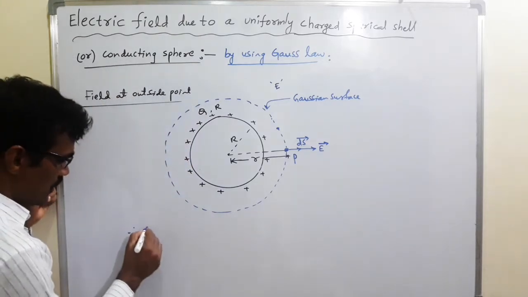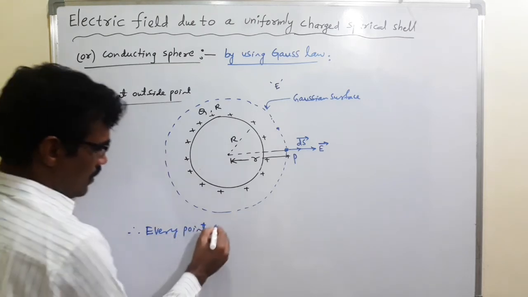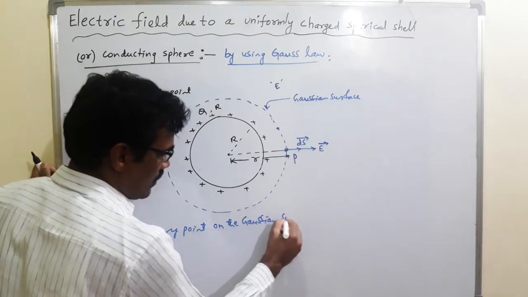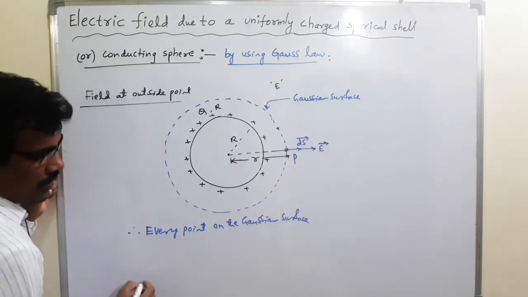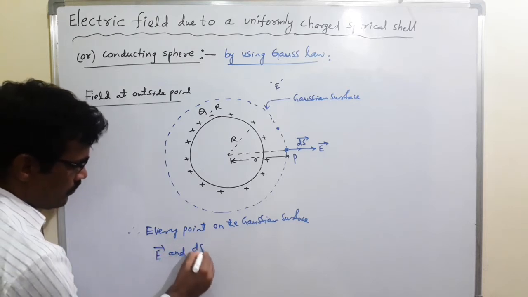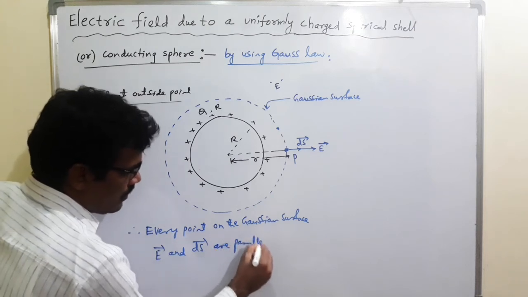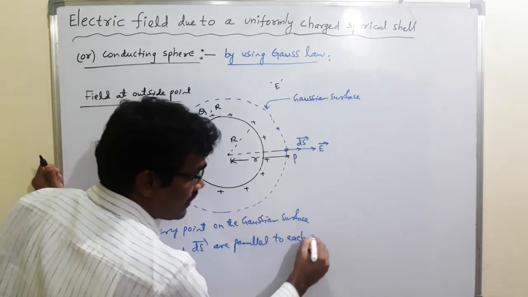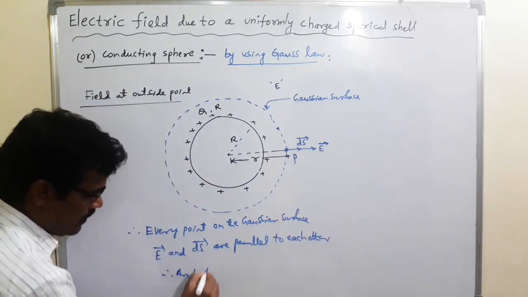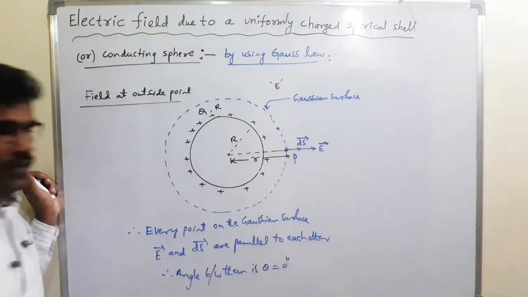Therefore, students, listen carefully: at every point on the Gaussian surface, E bar and dS bar are parallel to each other. The angle between them is theta equal to 0.